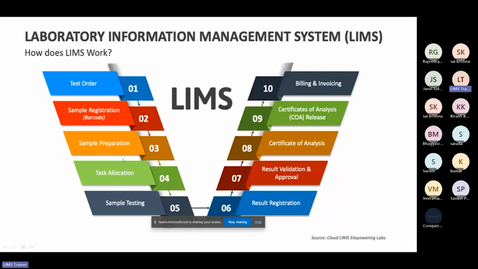After preparation, the test allocation will happen. After this, the sample testing will be performed. After sample testing, the results will be generated and registered. After this, the results are validated according to the requirements, and approval is provided. Then the COA, the certificate of analysis, will be generated.